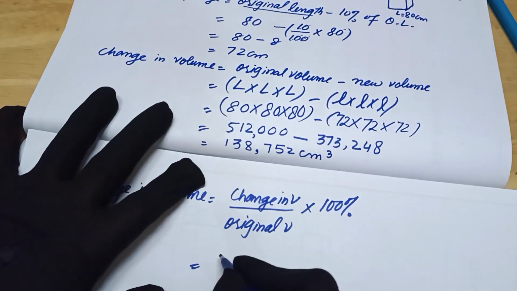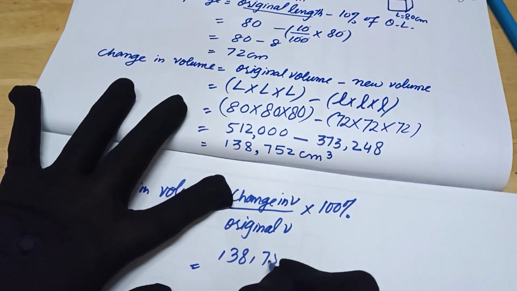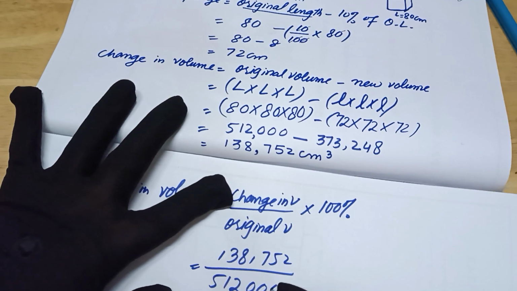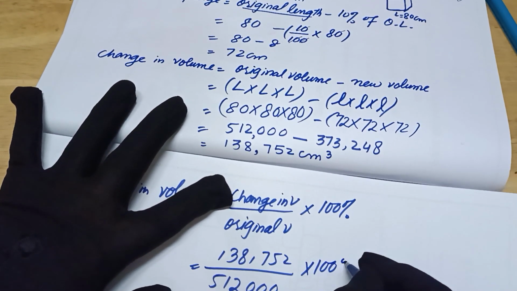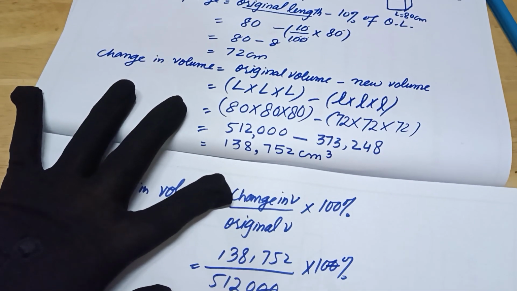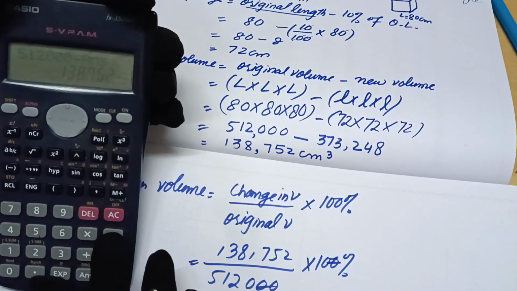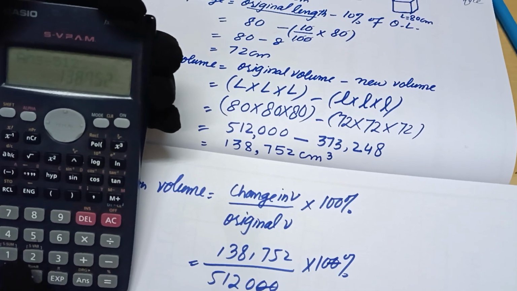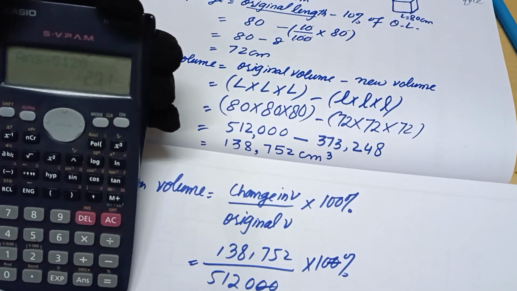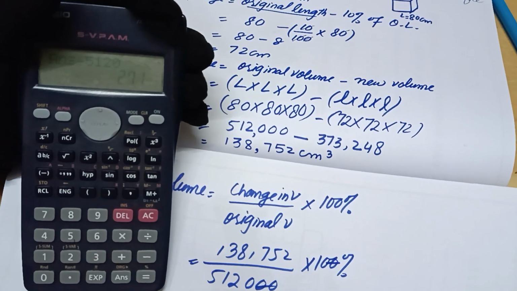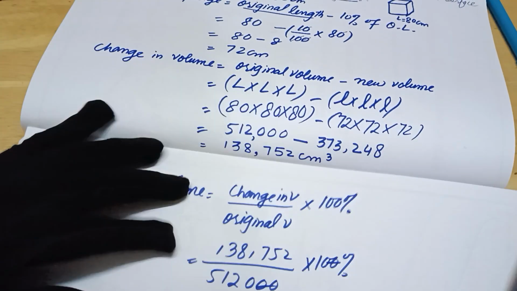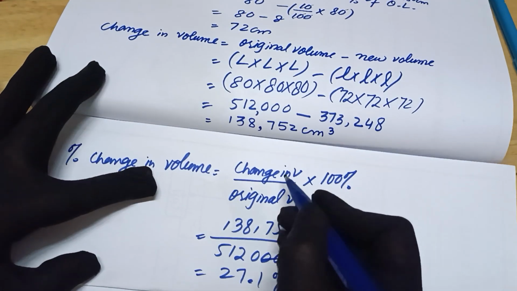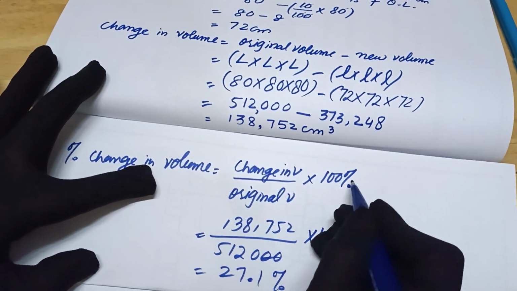This was the change in volume, and this was the original volume, multiplied by 100%. Two zeros cancel. Then we can calculate, 27.1%. Is that okay? Change in volume by original value multiplied by 100%.